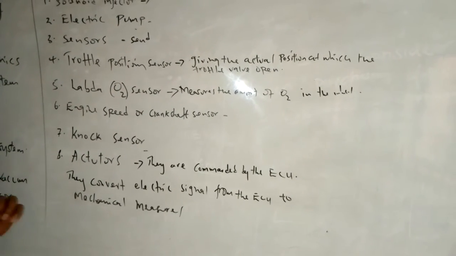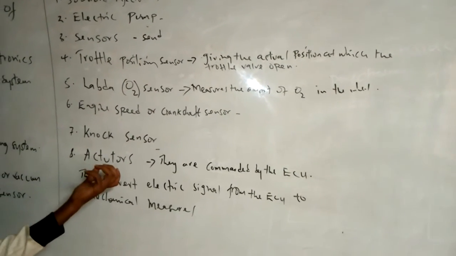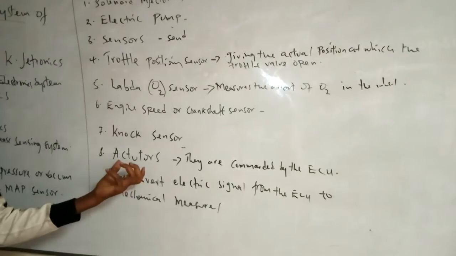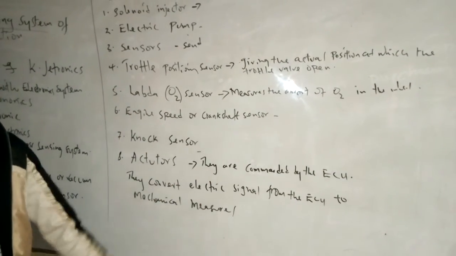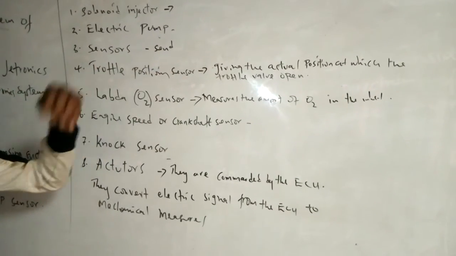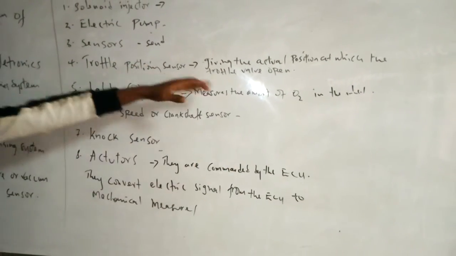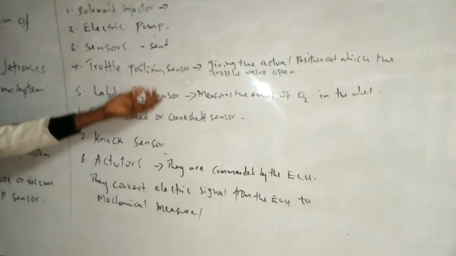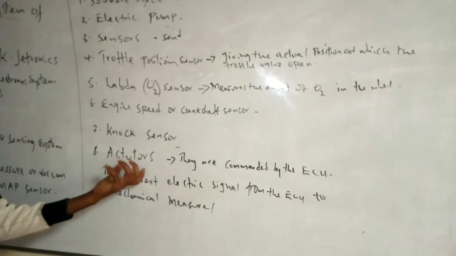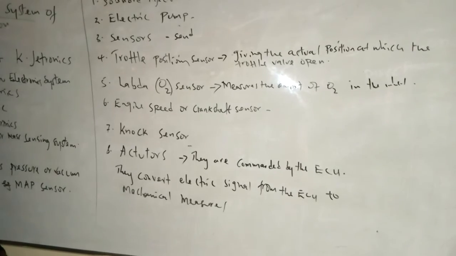Then the throttle valve itself is an actuator. It will be commanded by the ECU, maybe to open. So they work hand in hand. The sensor sends a signal to the ECU, then the ECU executes the command and gives the actuators another command.